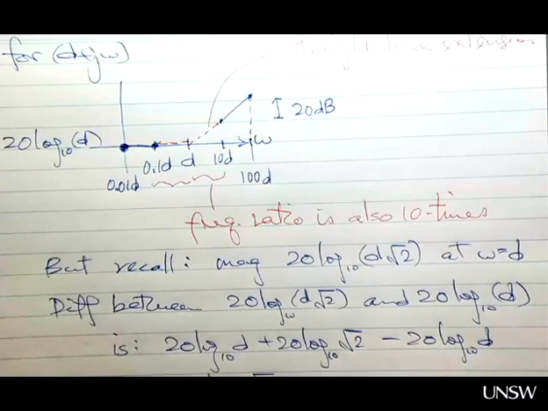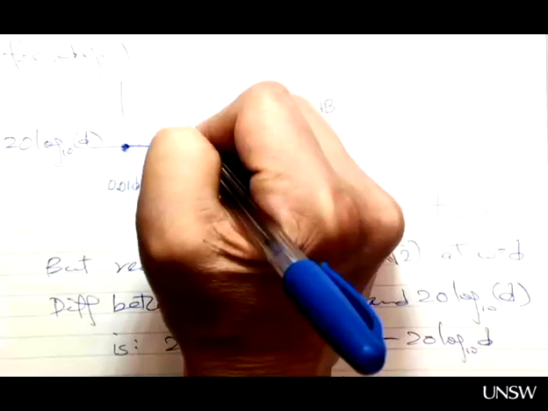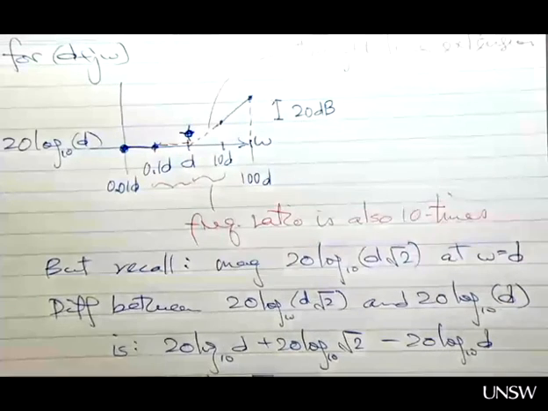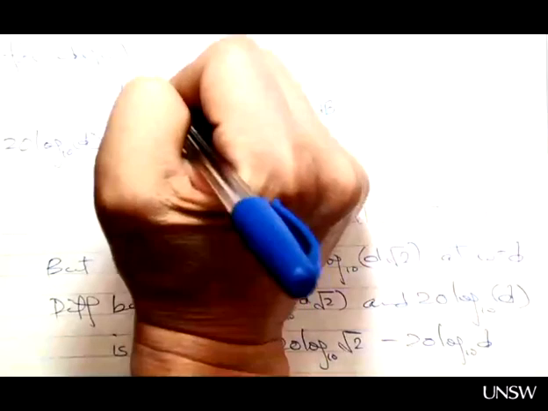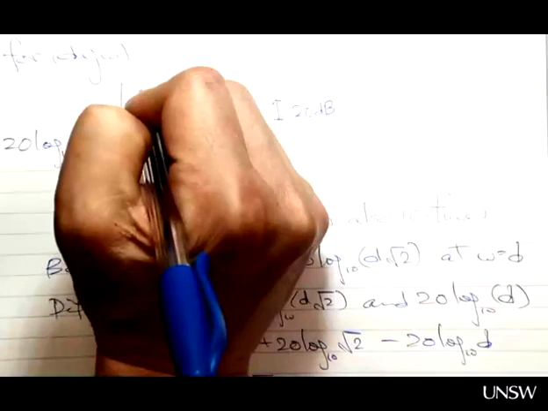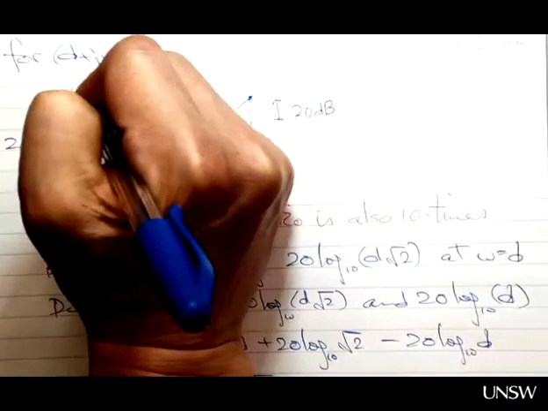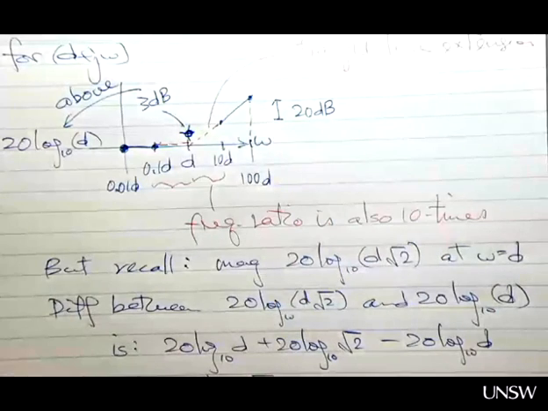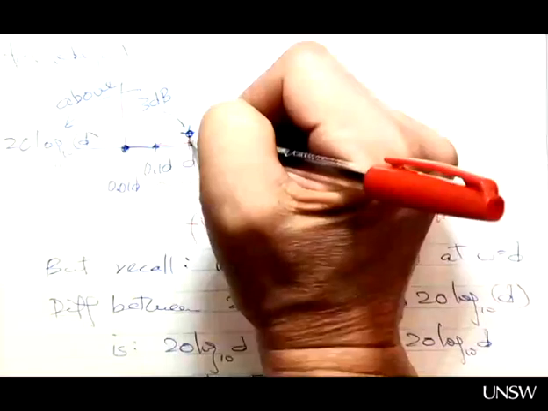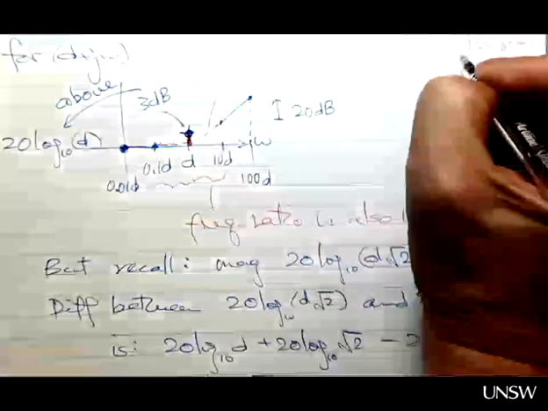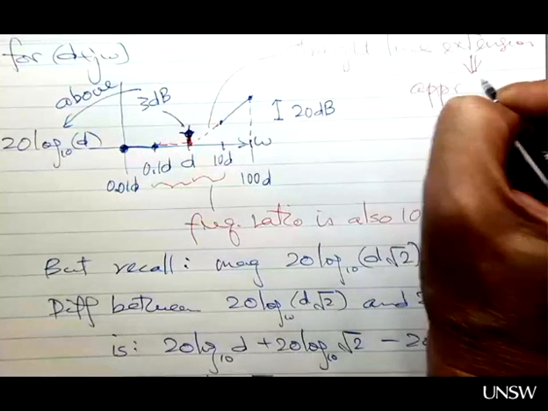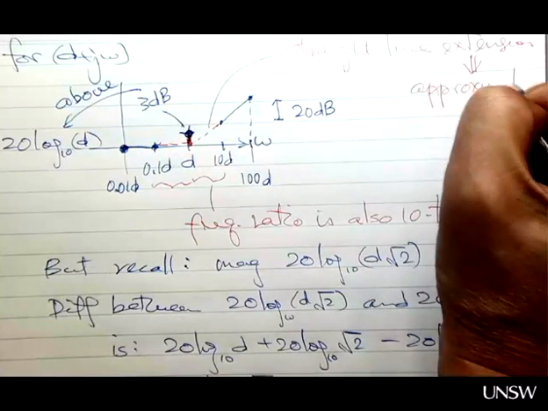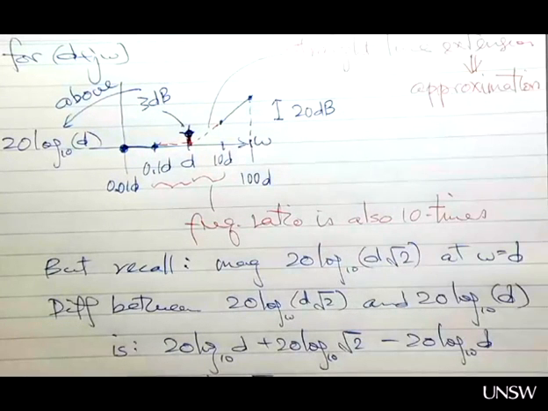So this point is 3 above this value. Because of this difference, we have this straight line, which we call a straight line approximation. Everybody get the idea?